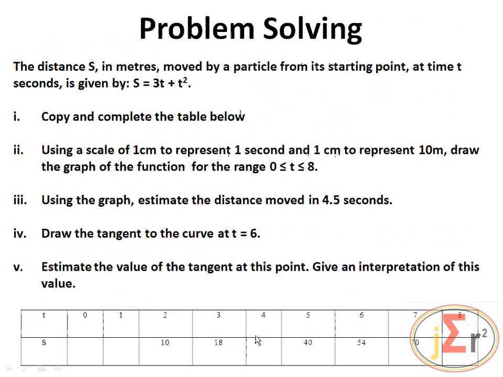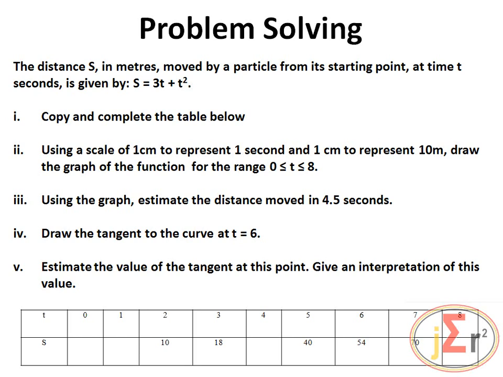We have another problem. The distance s in meters moved by a particle from its starting point at time t seconds is given by s is equal to 3t plus t squared. We are required to copy and complete the table below, this table here, using a scale of 1 centimeter to represent 1 second and 1 centimeter to represent 10 meters.